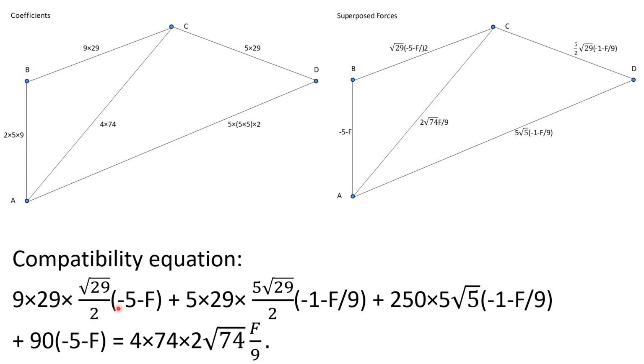So these are the products along the perimeter summed on the left hand side.